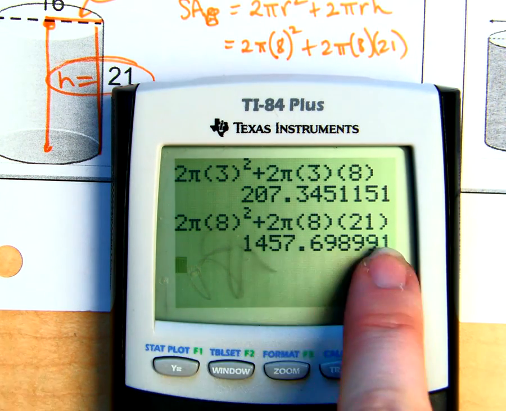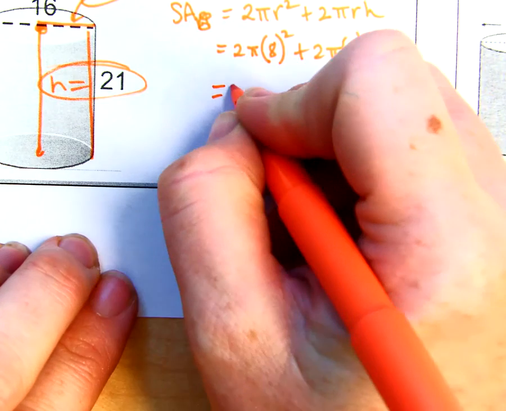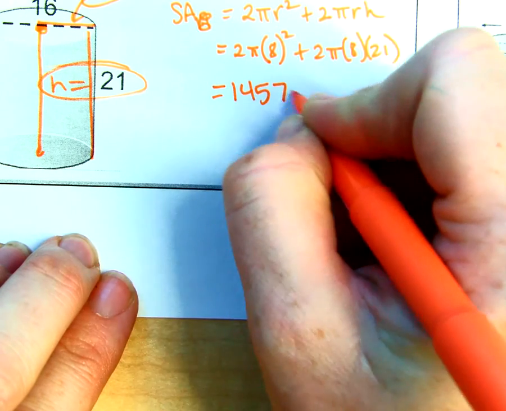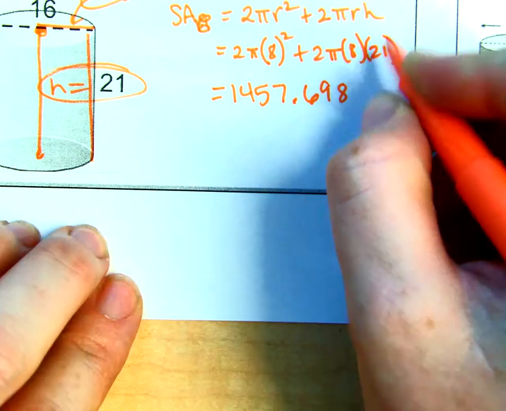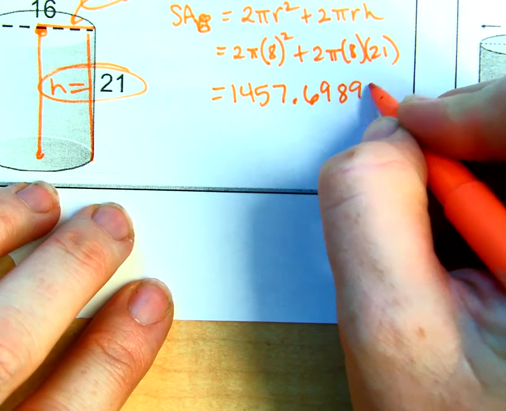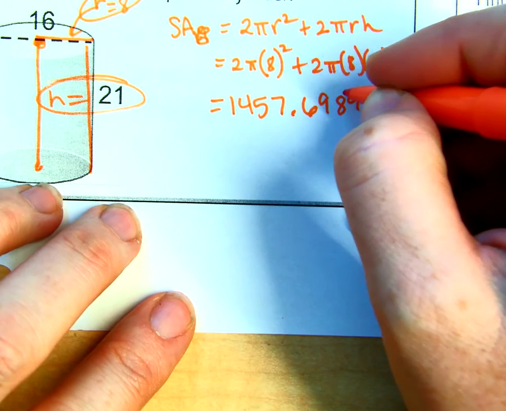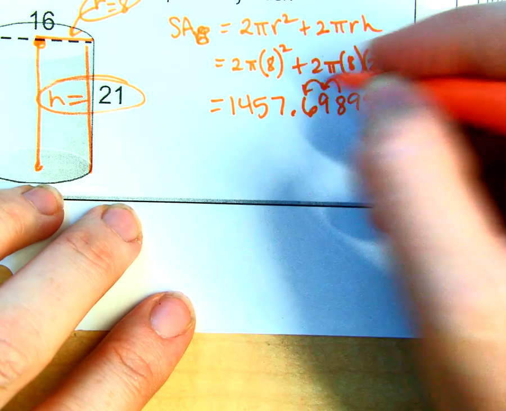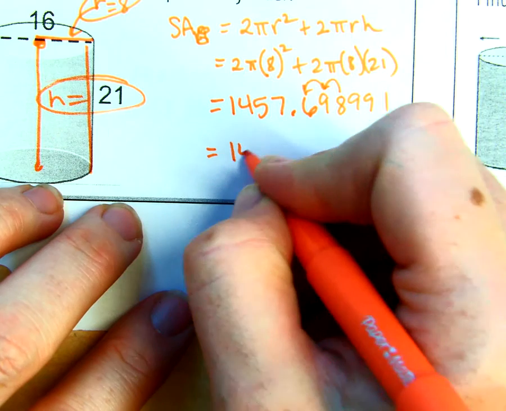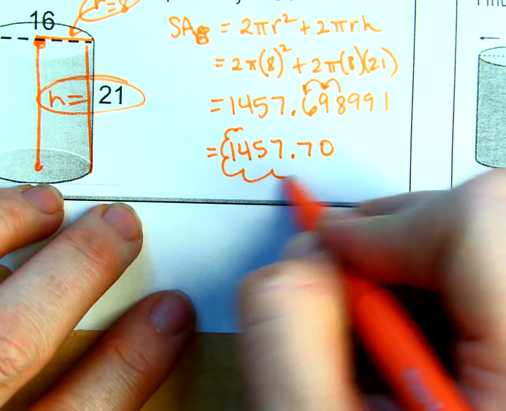And here's my surface area for my cylinder. So we have 1457.6, 98991. So this is that tricky rounding, so I'll do it for you. This 8 rounds this 9, which has to round this 6. So this is actually 1457.70 for your surface area.